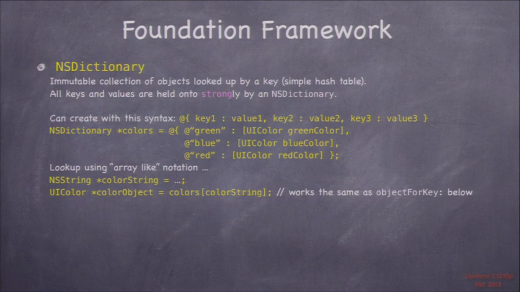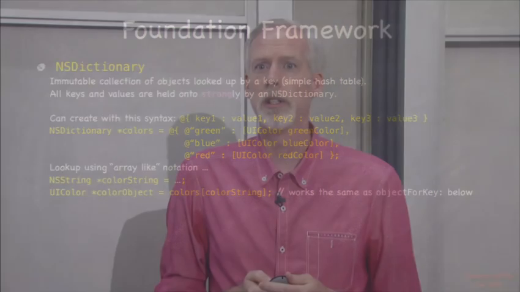It would return nil if there's no such key in there, and it will return the value, the actual UIColor. We're going to talk about UIColors in a couple of slides. So this is also really cool UI, or syntax rather, for accessing stuff. These @ square brackets, @ curly brace, @ parentheses, a big improvement to Objective-C.